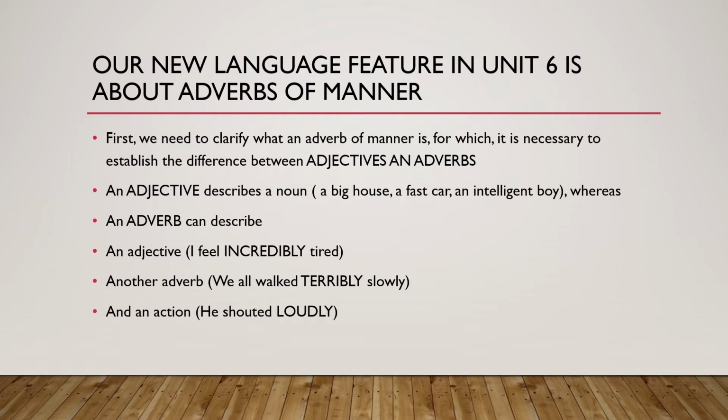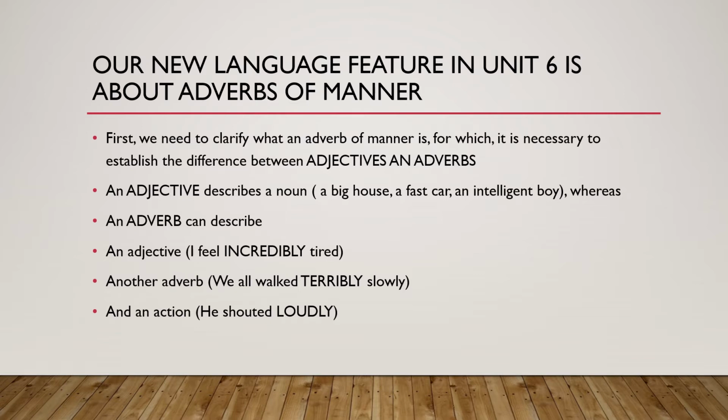But now, the following topic that we're going to see in Unit 6 is about adverbs of manner. That sounds very strange, but in order to understand that more clearly, we will have to make a difference between adjectives and adverbs. So, an adjective describes a noun. What is a noun?